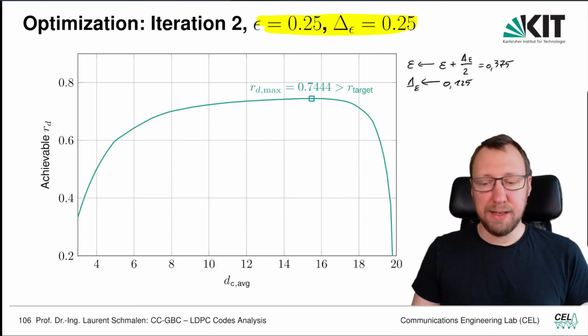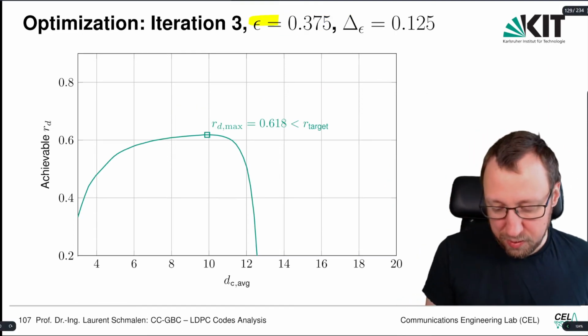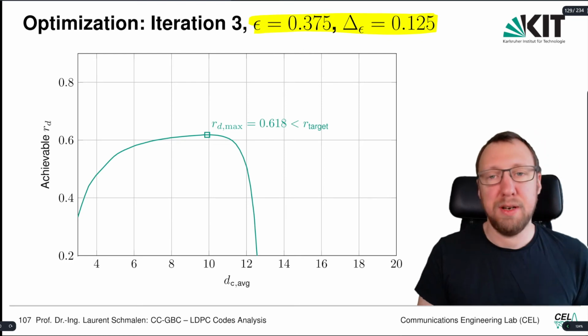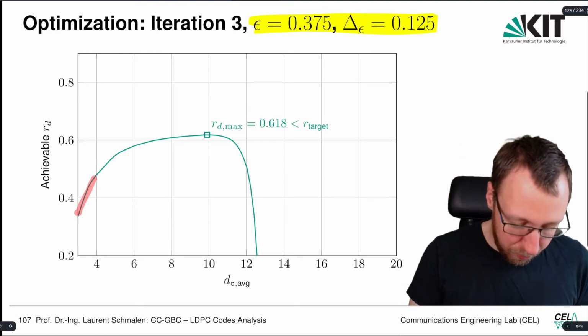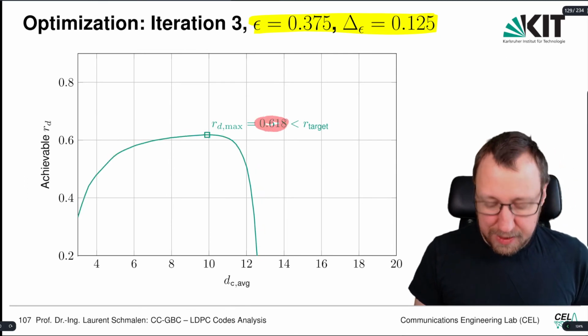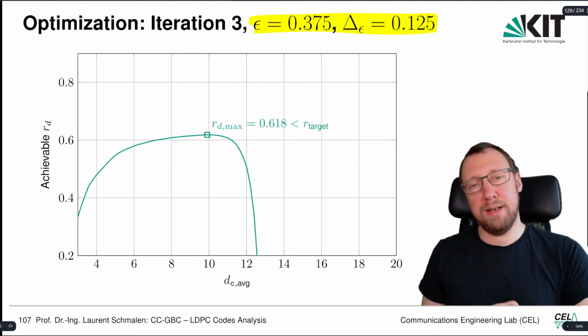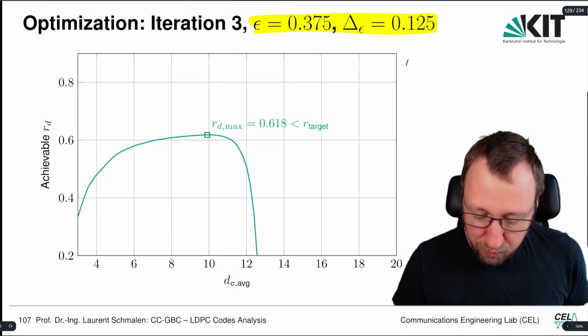Okay, on to the next try. So we start with epsilon equals 0.375 and delta epsilon equals 1/8. We run the optimization and we get this curve with an R_T max of 0.618, which is below our target. So now again our channel is too bad. We need to improve the channel.